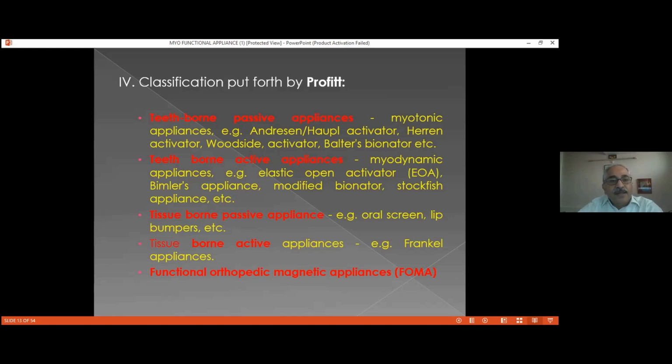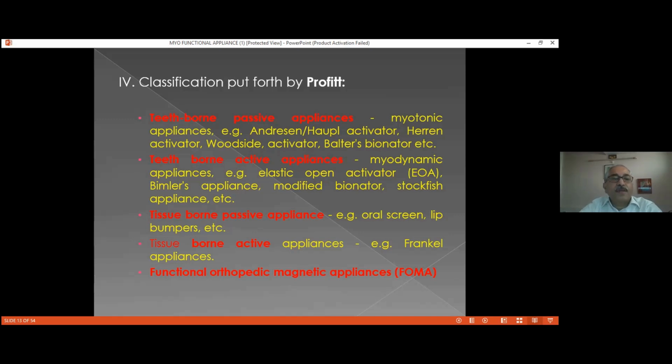The teeth-borne active appliances are myodynamic in nature, like the elastic open activator, Dimler appliances, modified bionator, and Stockfisch appliances. These appliances totally depend on muscle activity or the movement of the muscle to let the forces be subjected to the appliance and from there to the teeth and the jaws.